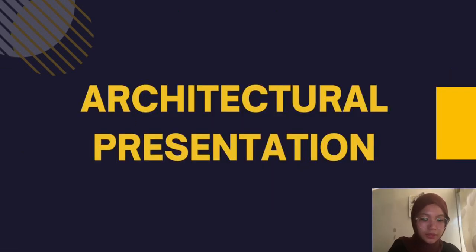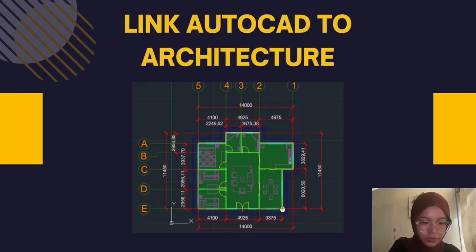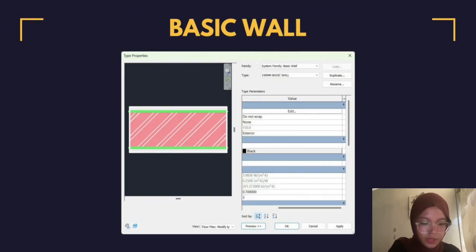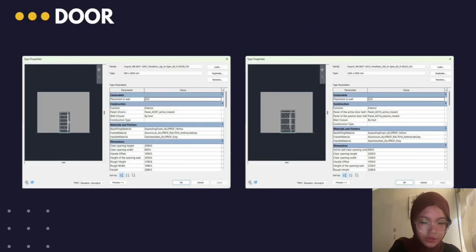For the architecture presentation, here is the link from AutoCAD to architecture. The basic wall is 150 mm and the color is black. For the door, the first door is 900 by 2000, named leak-proof panel door, and the placement in wall is 20.